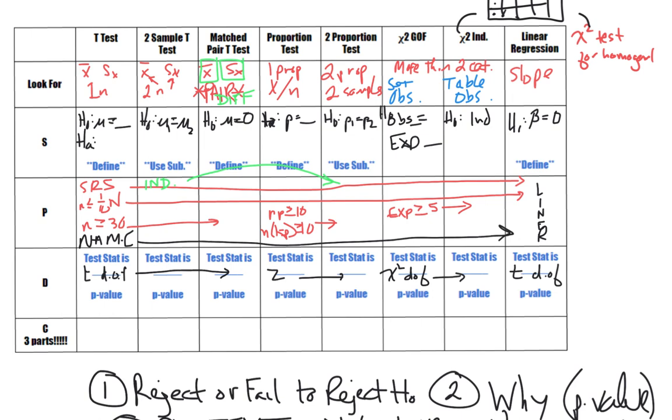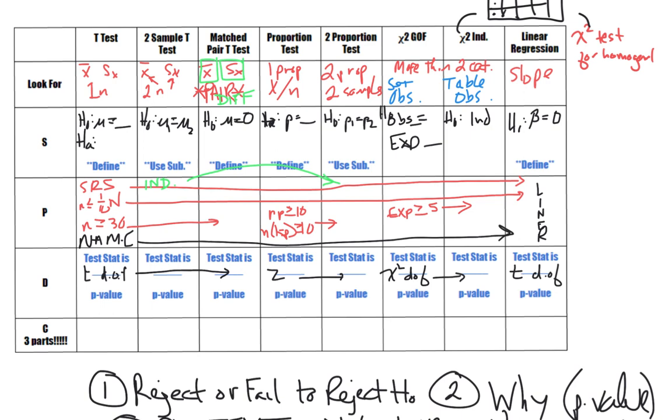Another way, maybe an easier way to think of homogeneity, is to think about the AP exam. In 2010, here were the counts in class of 1s, 2s, 3s, 4s, and 5s. In 2021, here were the counts of students that got 1s, 2s, 3s, 4s, and 5s. Same categories, right?